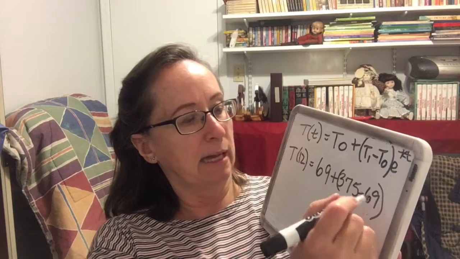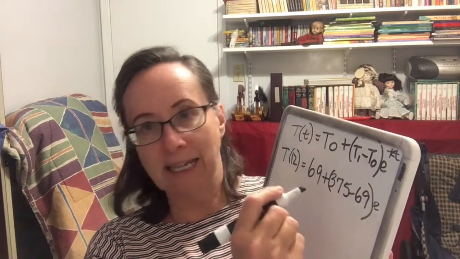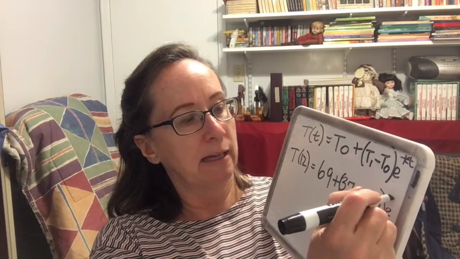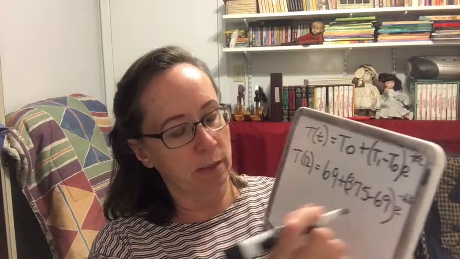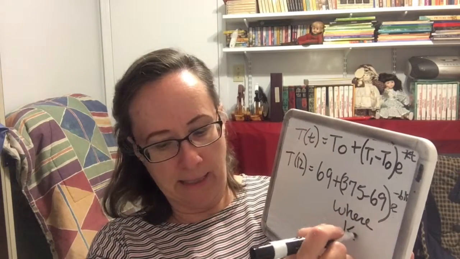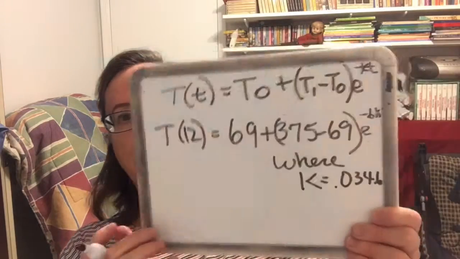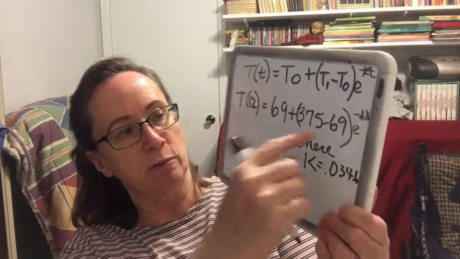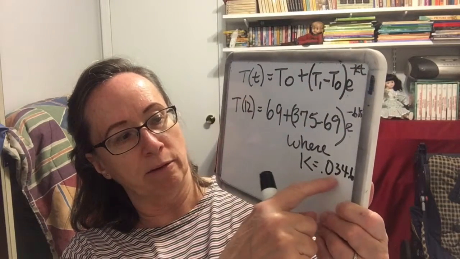So we're going to say e to the negative 6k, and the K, remember, is 0.0346. Okay, so I didn't have room to write all that, so I just wrote a negative 6k, where K is 0.0346.